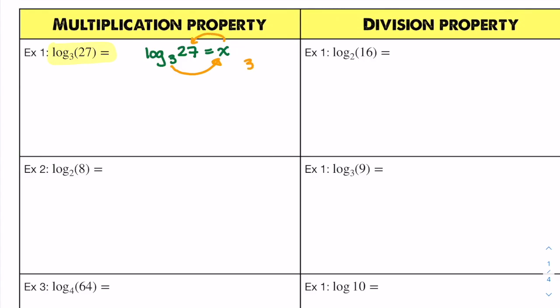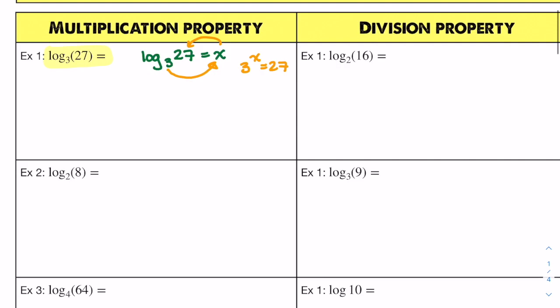So I can rewrite this like this. And if you know your exponents well enough, it shouldn't be too hard to come to the answer of 3. Okay, so again, that's not the point of this lecture. This is just to show particular properties.